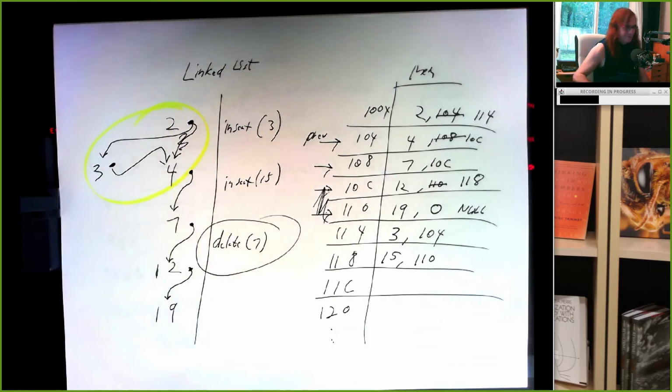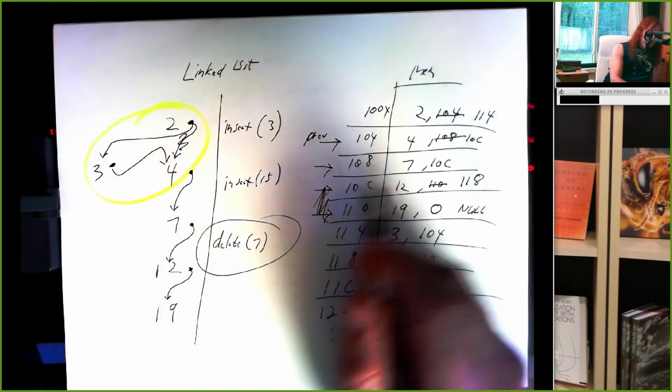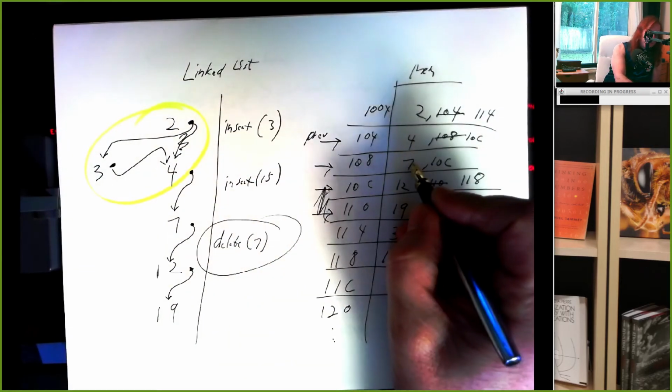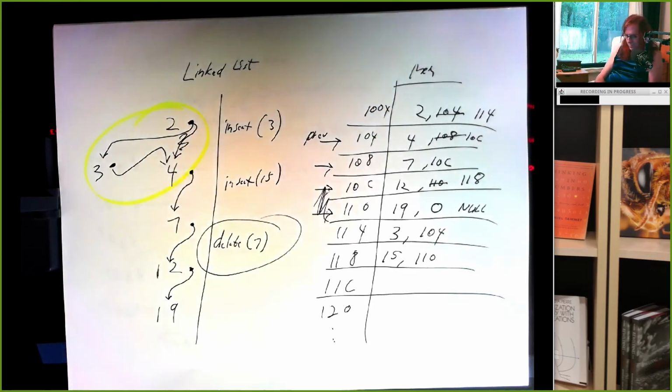If you delete that from the linked list, but you want to delete it from memory and return the memory to the random access memory, you could, in your code that's doing the deletion, before you change this pointer to be a 10C, say, okay, I'm just going to write a 0 into this location. And hopefully that makes it impossible for someone to go back and look at that location and say, hey, there was a 7 stored there.